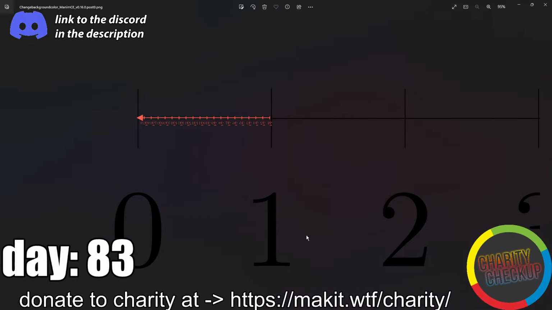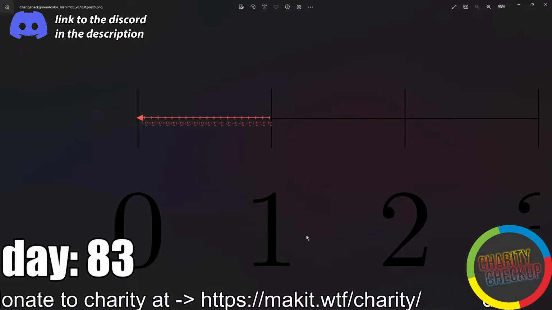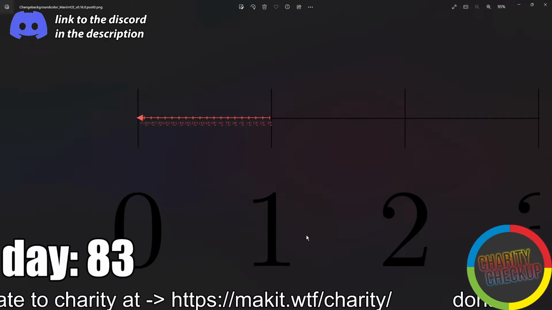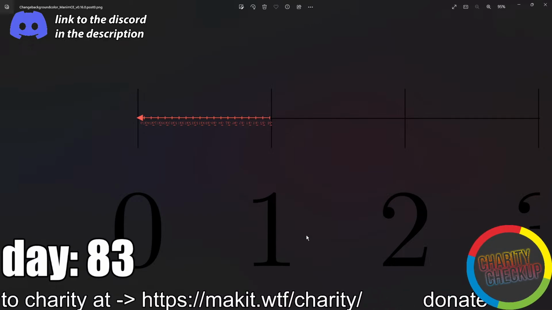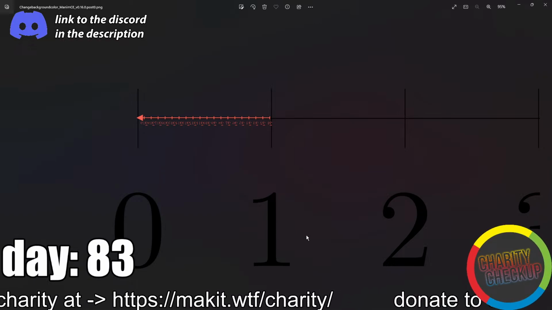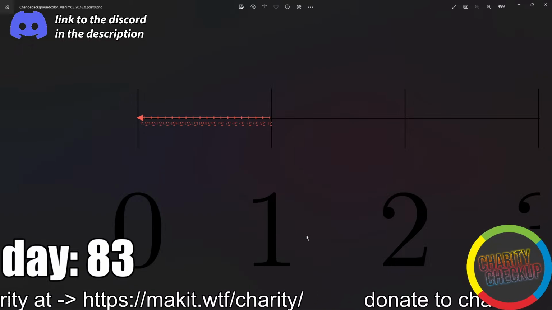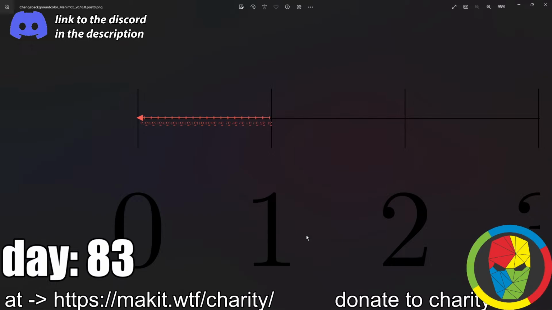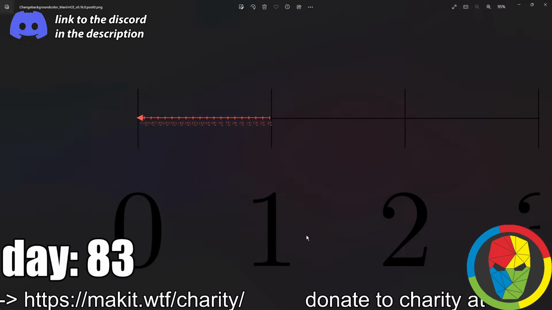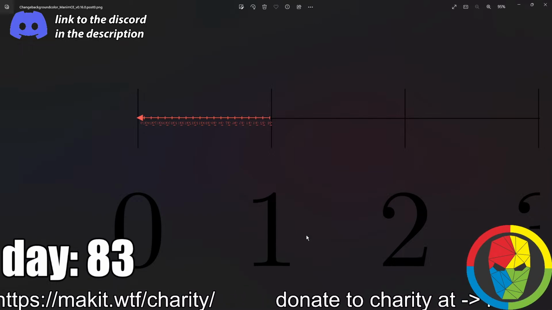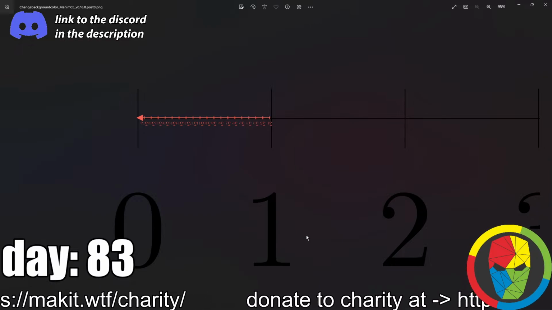What would be the base for this? Oh, I can't rethink. Okay, so... Well, -1, I suppose. That could be a base for this. I need... No, wait, it's base. Not -1, obviously not -1.